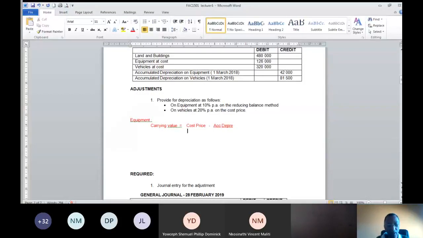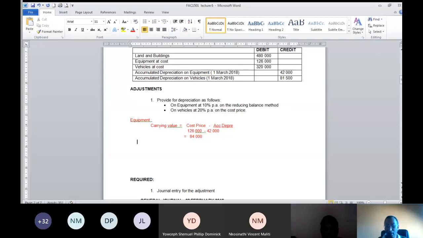So go to equipment, and the cost price of equipment is 126,000, as indicated in the trial balance. Accumulated depreciation on equipment is 42,000 Rand, also indicated in your trial balance, which means that our carrying value at this point in time is 84,000 Rand. We are busy with the diminishing balance method. With this method, you must first calculate the carrying value.